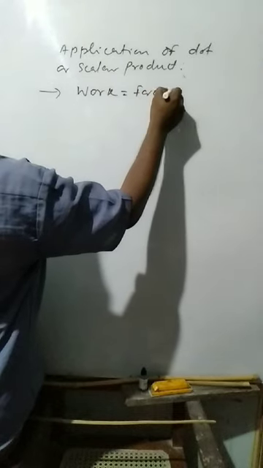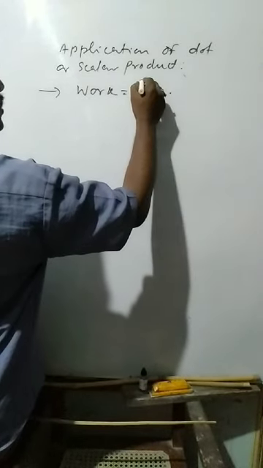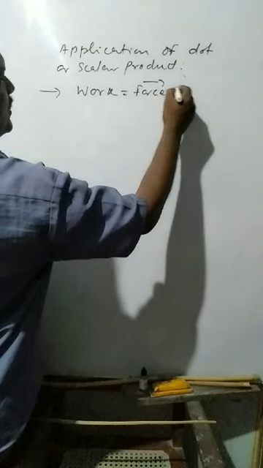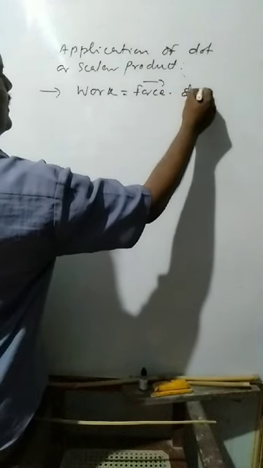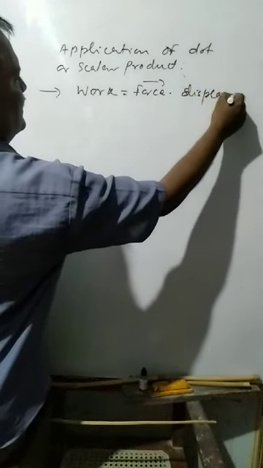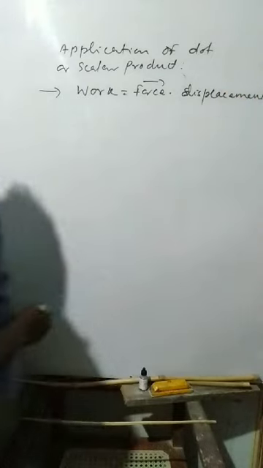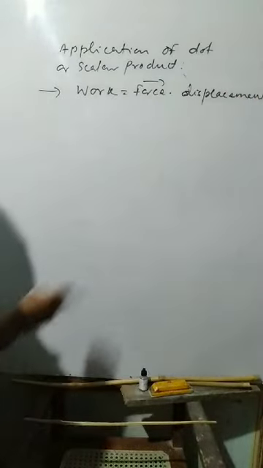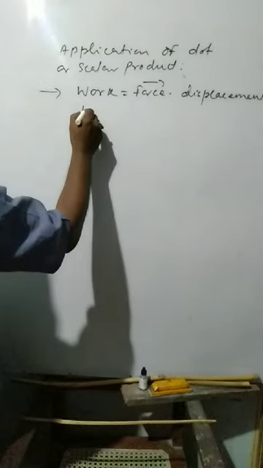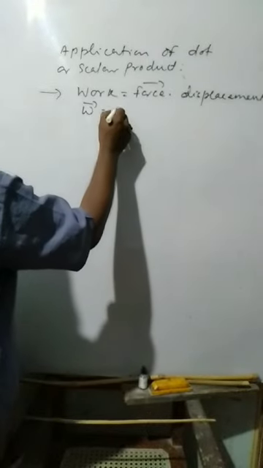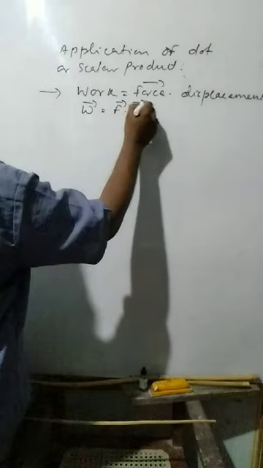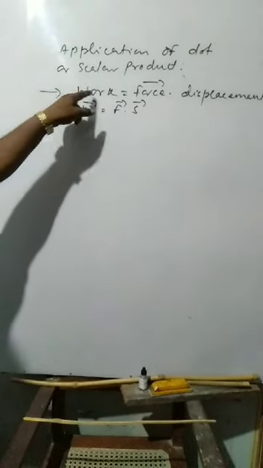Work equal to force dot displacement. W equals force dot displacement. This is the formula. Yes, the dot product applies for finding the work. One of the problems I will tell you here.